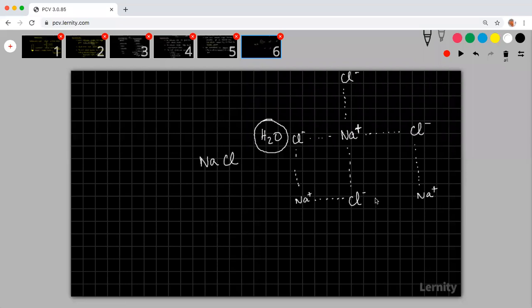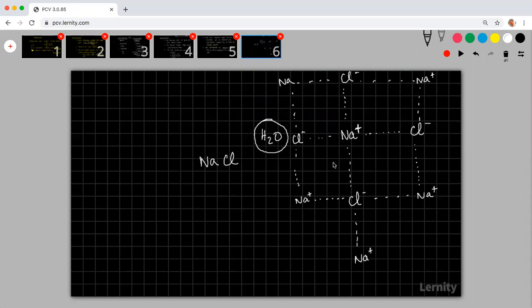This kind of structure is called a lattice structure. There will be lots of connections, a mutual attraction towards everything. There is no physical bond there. It is just attraction which is holding those molecules together.